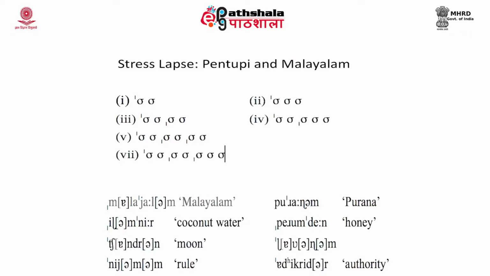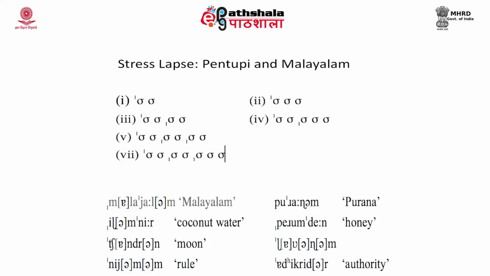In addition to stress clash, we also have the phenomenon of stress lapse. What is stress lapse? Stress lapse is the opposite of stress clash. The normal tendency in languages is to have the rhythm of stress, unstress, stress, unstress, or unstress, stress, unstress, stress. So an alternating rhythm. If there is a sequence of unstressed syllables, let's say, as it happens in unbounded systems like Malayalam, for example.